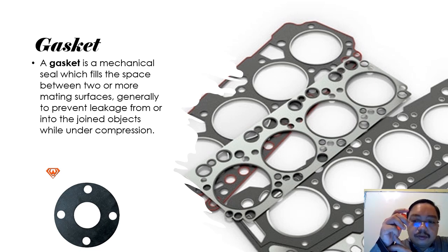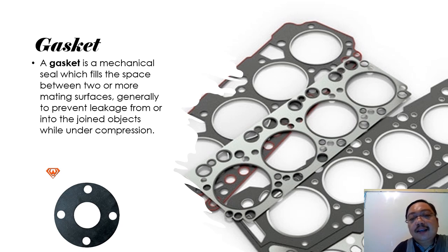If you do not put the gasket, it is difficult to calculate because the pressure is not distributed evenly among the mating components. But people usually use a gasket to prevent leakage from or into the joined objects while under compression.